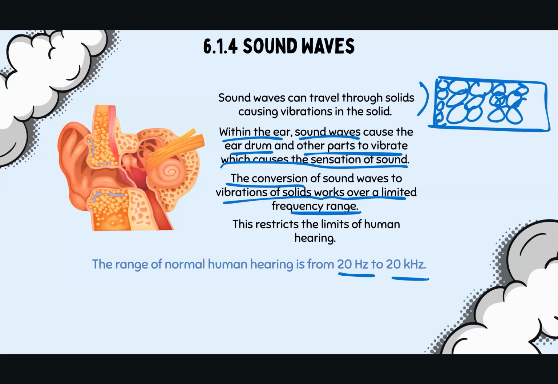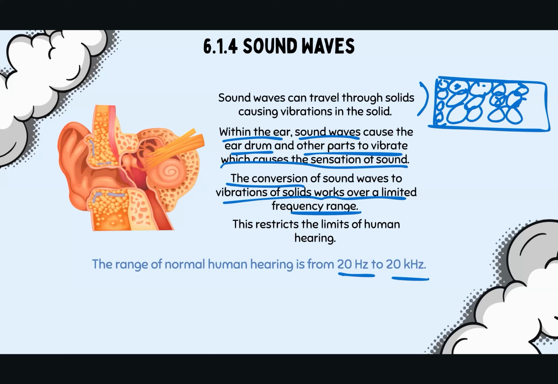Now what will happen is when energy is absorbed by the first particle, it vibrates and it passes energy onto the next particle, which starts vibrating. Pass it on to next particle, next particle, next particle. Our ear works in a similar way.